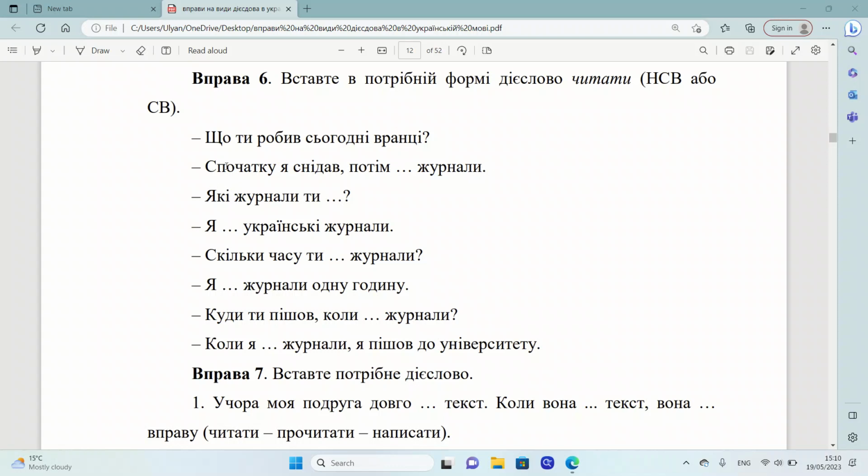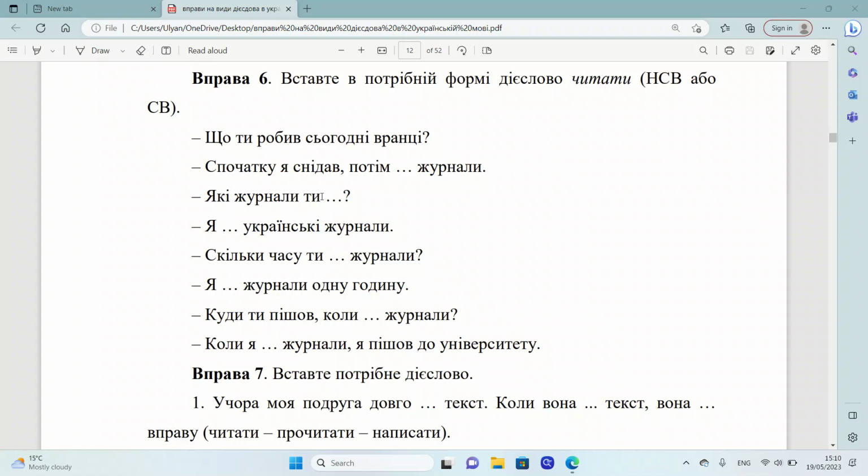So if you look at the first half, here we have imperfective past. So спочатку я снідав, at first I had my breakfast, and then I was reading my magazine. So потім читав журнали.